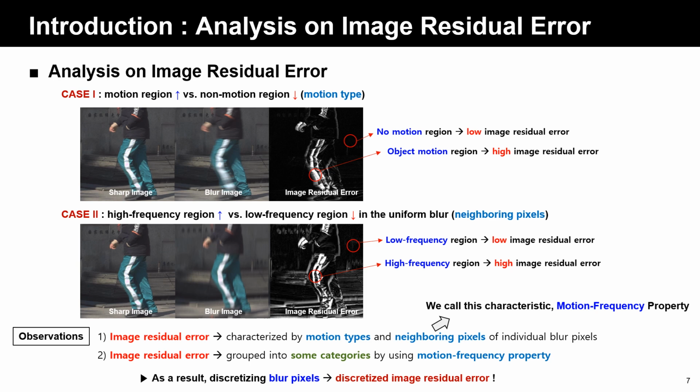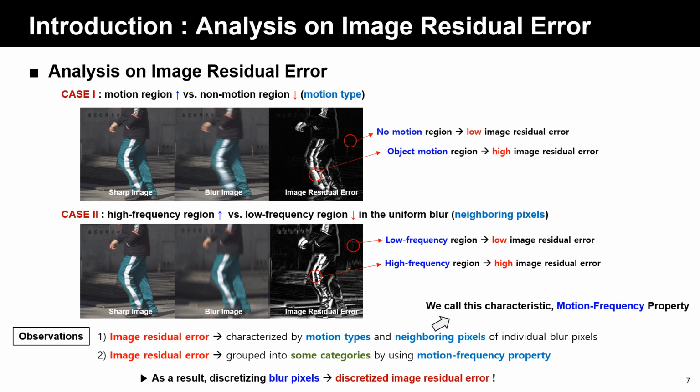We realize that image residual error can be characterized and categorized by motion amount or motion types. On the other hand, in case 2, the blur image is uniformly blurred. Despite the same blur for all pixels, it turns out that high-frequency regions like edges show high image residual errors rather than low-frequency regions like a flat wall.